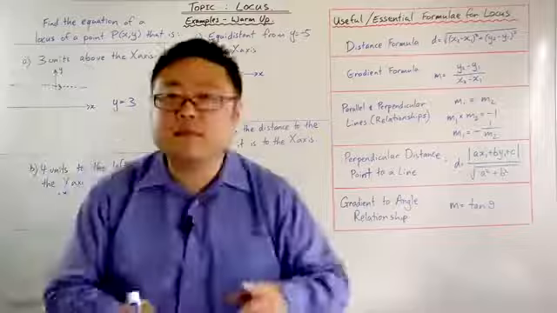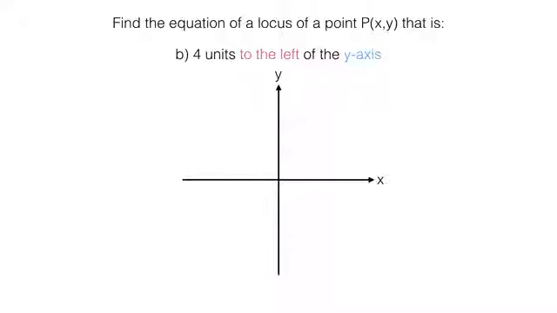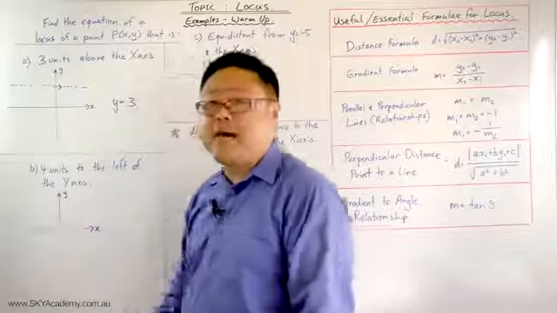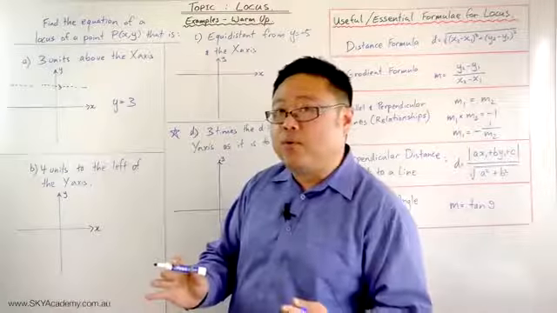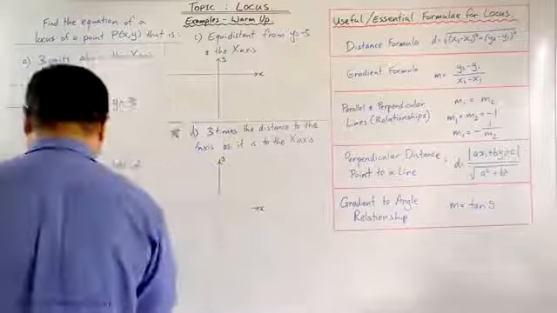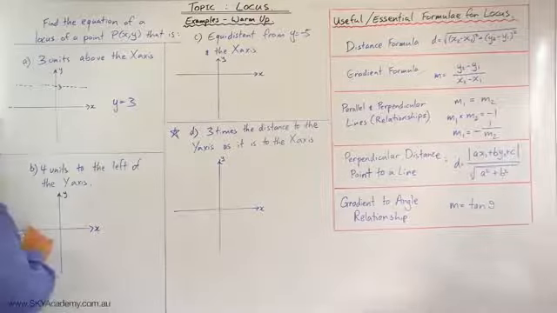Good. The next question is this. 4 units to the left of the y-axis. So you've got your y-axis here, 4 units to the left will be the y-axis shifted across 4 units, and it's going to be -4, right? It won't be positive anymore because we're shifting it to the left. So let's have a look, -4.